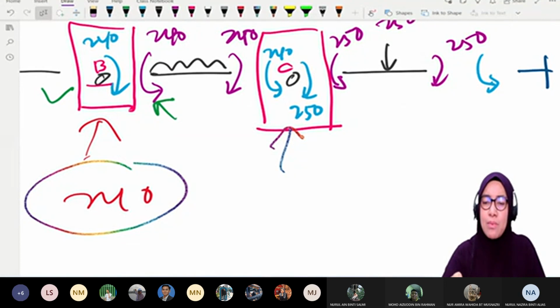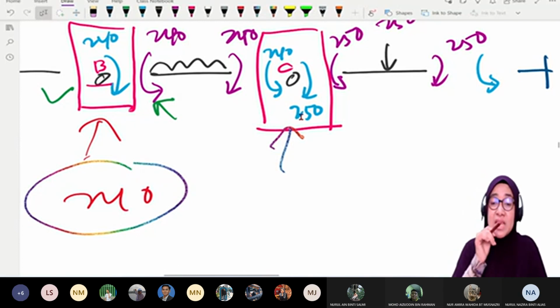Tengok yang dalam kotak tengah tu dekat join. Tengok dekat sini. 10 or negative 10 ni. At C. 10 ke negative 10 yang ni? Yang ni. 10. It is 10.